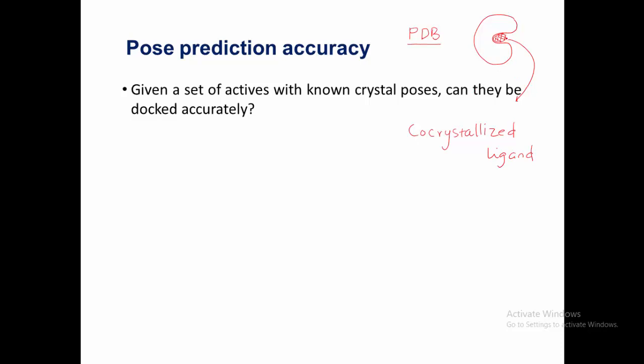This co-crystallized ligand, originally it is an inhibitor, and it is complexed with the enzyme, and the complex undergoes X-ray crystallography imaging, and the structure is solved and uploaded to the Protein Data Bank.